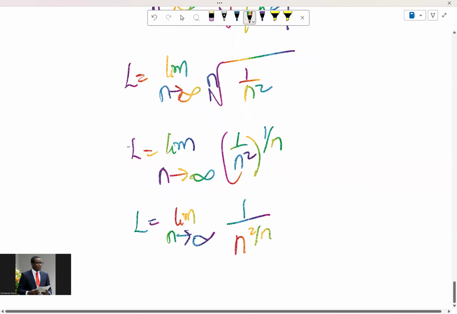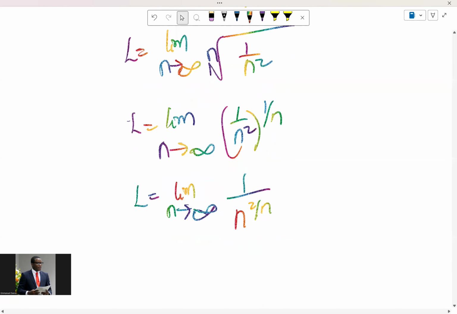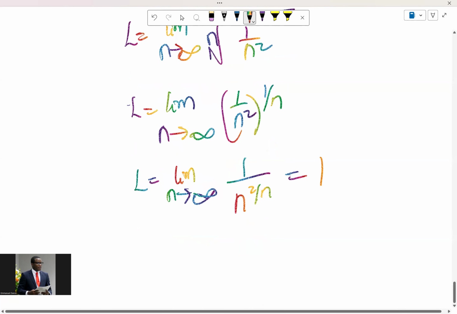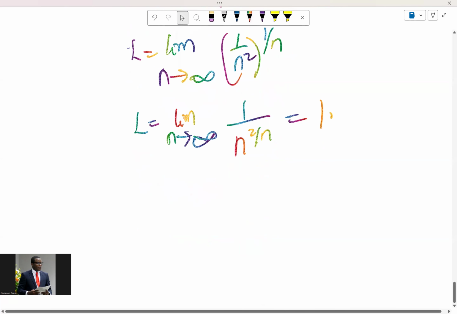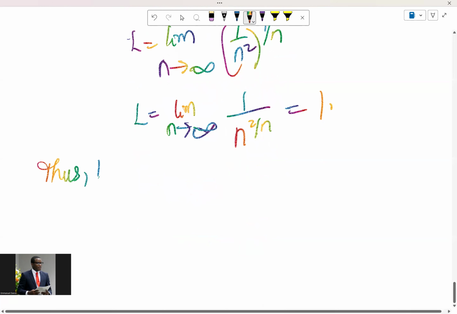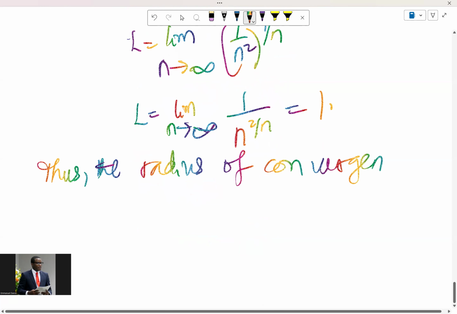As n becomes very big, 2 over n goes to 0, and n raised to power 0 is 1. So the whole limit is going to 1. Thus the radius of convergence R is 1 over L, that is 1 over 1, which is 1.